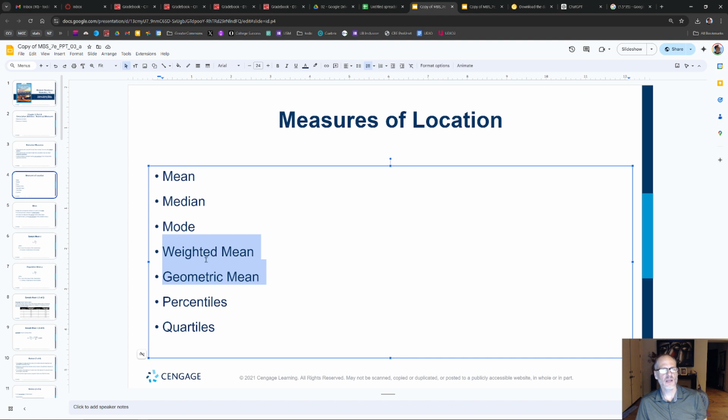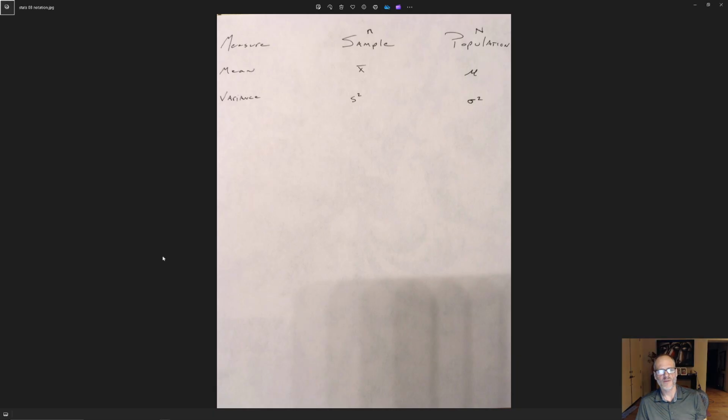A weighted mean is good for, let's say, if I run a company that buys black beans, and I'm buying pounds of black beans, and sometimes I'm getting them at different prices. I might want to calculate my mean or my average based upon how much I paid for each pound.